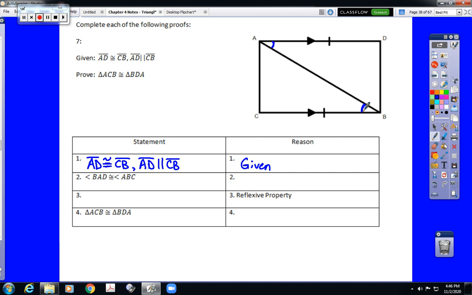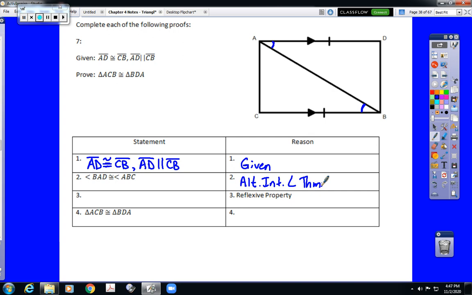This is based on our parallel given, because if AD and BC are parallel, then AB is a transversal, and the 2 angles listed in step 2 are alternate interior angles. And the alternate interior angle theorem says that if 2 parallel lines are cut by a transversal, then each pair of alternate interior angles must be congruent.